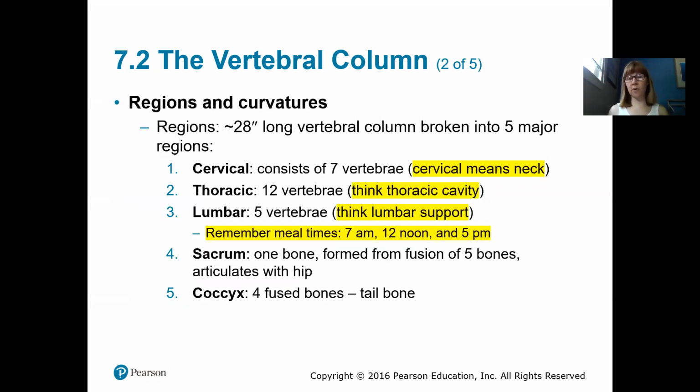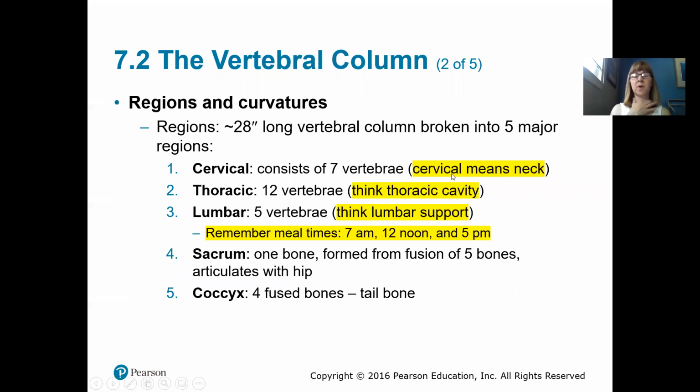You will need to know all those regions, and the number of vertebrae within each of those regions. Some easy ways to memorize those regions: we've got cervical, thoracic, lumbar, sacral, and coccyx. For cervical vertebrae, the word cervic means neck. That's how you can remember it.